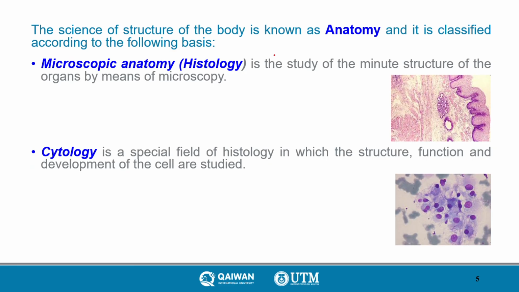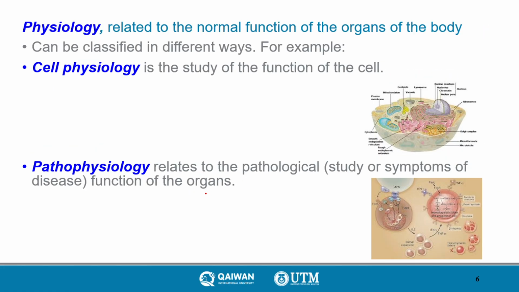Microscopic anatomy, or histology, is the study of the minuscule structures of the organ by means of a microscope. If we go into more detail, cytology is a special field of histology in which the structure, function, and development of the cell are studied. Physiology relates to the normal function of the organs of the body and can be classified under cell physiology, the study of the function of the cell.